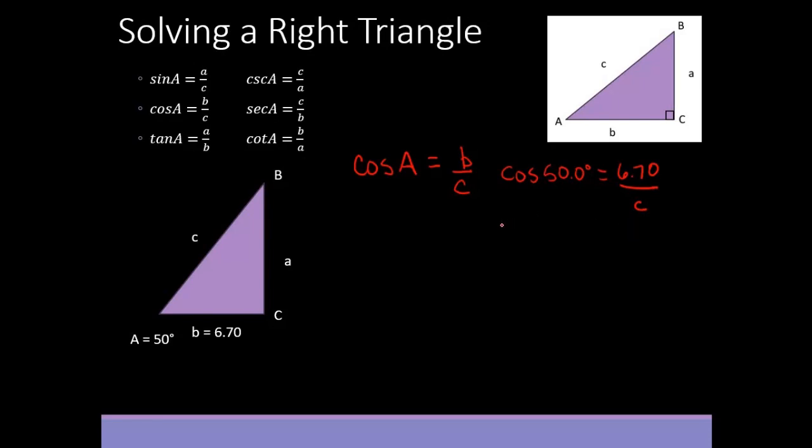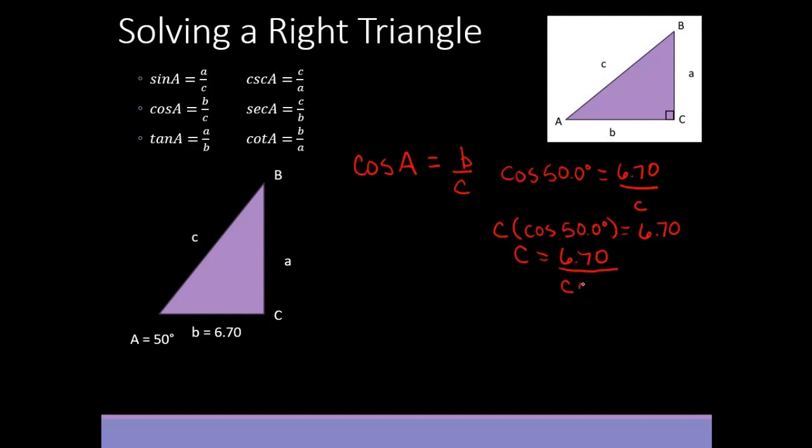Well, in order to solve this, we need to multiply C times cosine of 50 degrees equals 6.70, and then we need to divide.